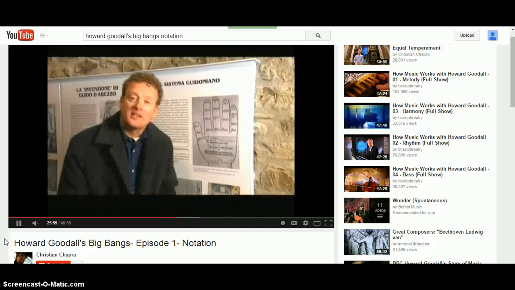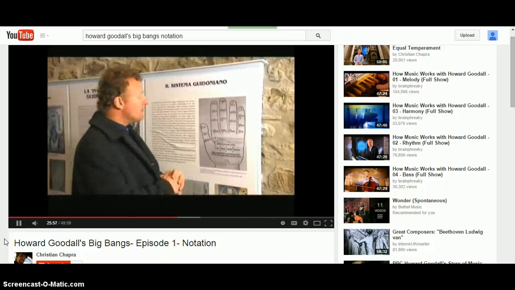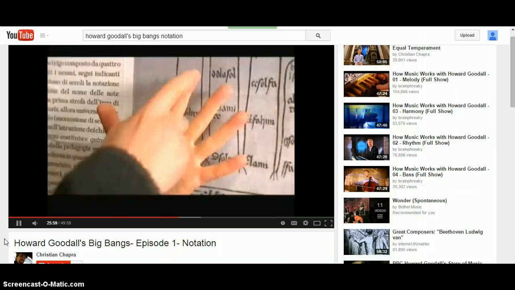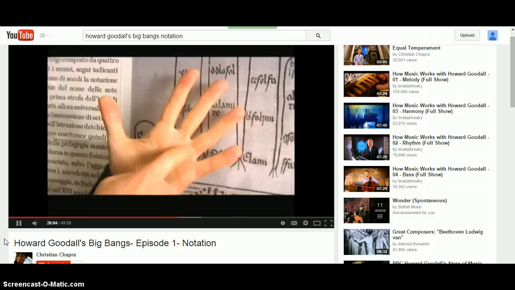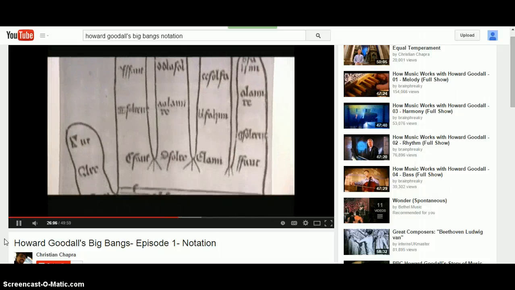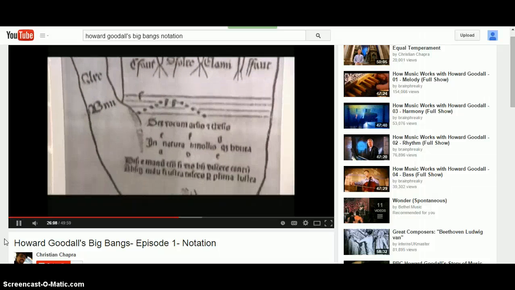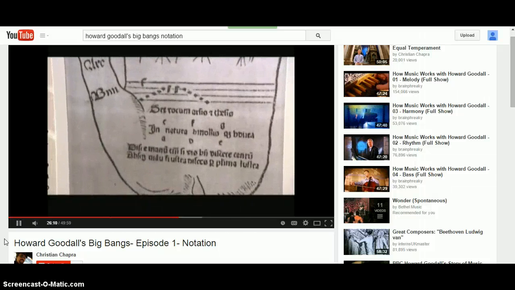In order to help his singers with the new ut, re, mi system, he even devised a trick whereby each of the notches on the fingers of your hand represented a different note of the scale. It was called the Guidonian hand. A bit like having a pocket calculator with you at all times.